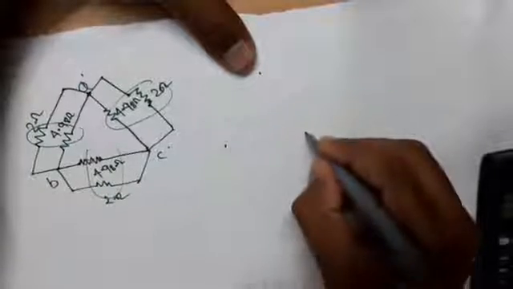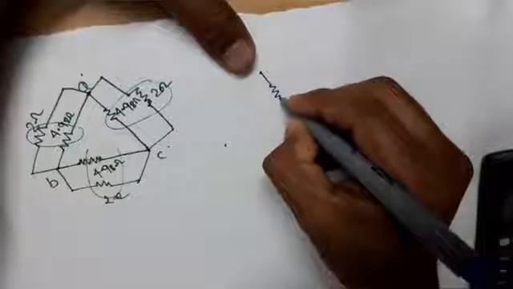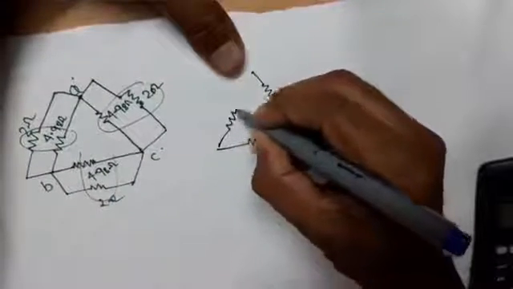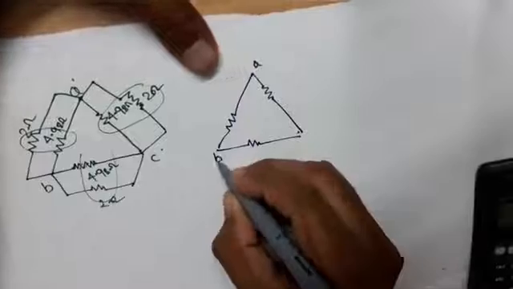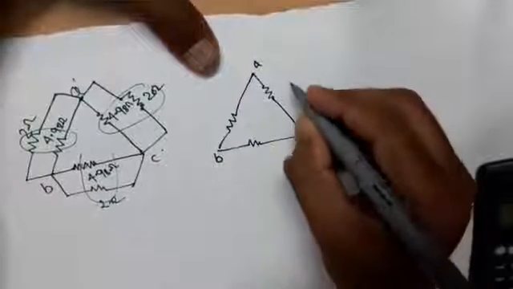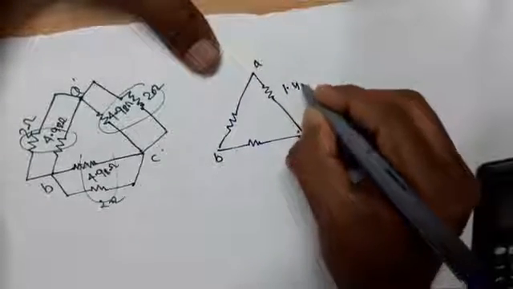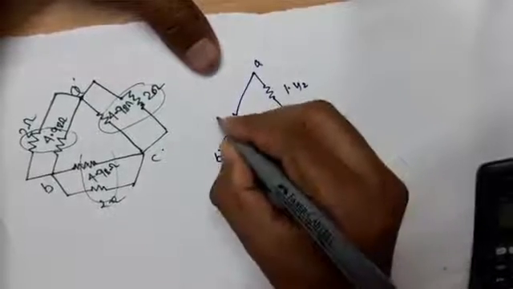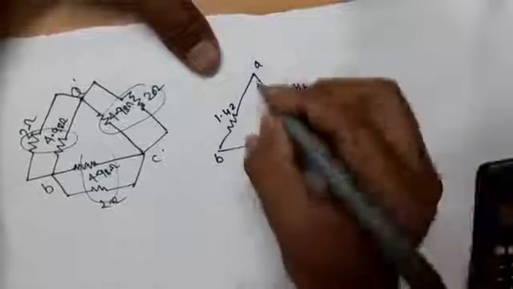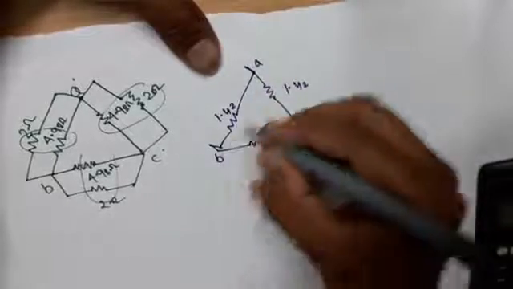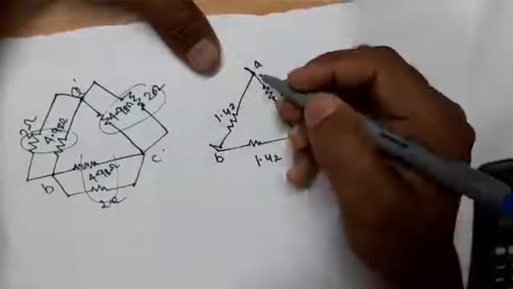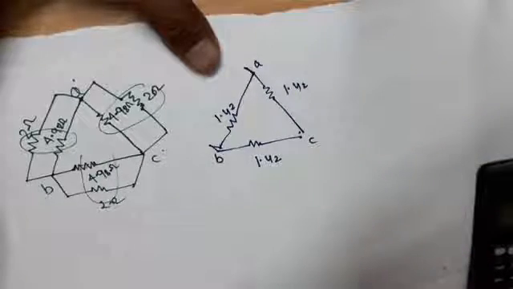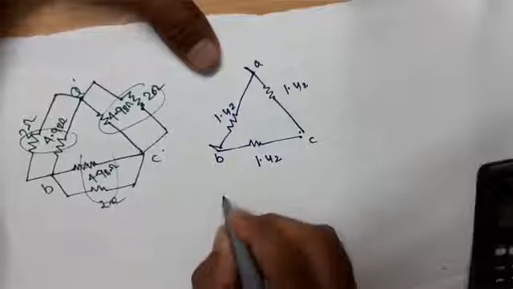The modified circuit is like that, with A, B, C. This is 1.42, this is 1.42, and this is 1.42. Here our objective is to find the resistance across AB. These two are in series, so again the modified circuit is like that.